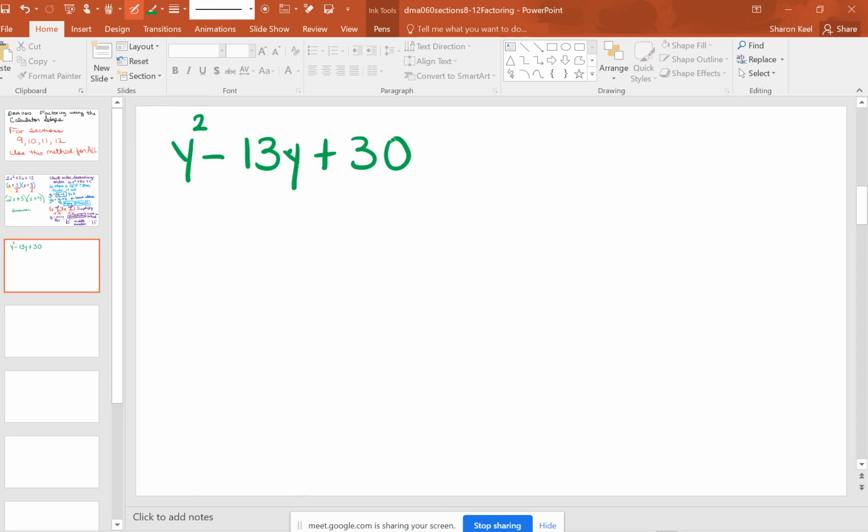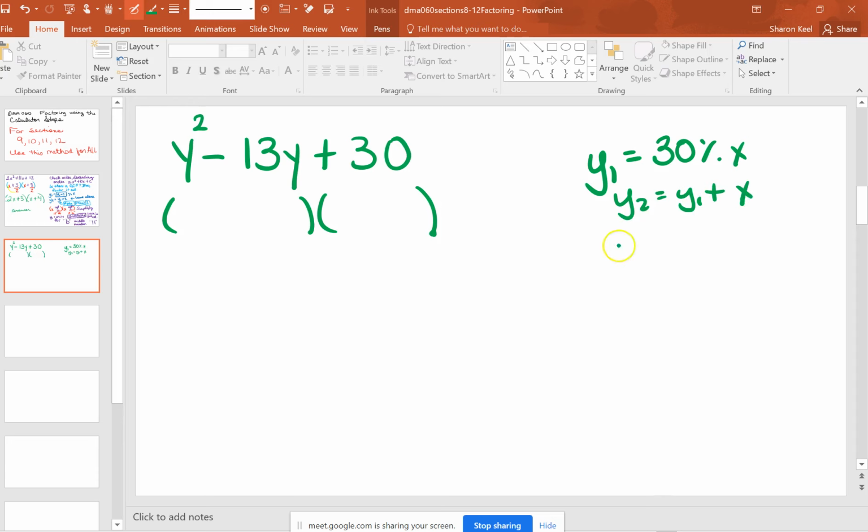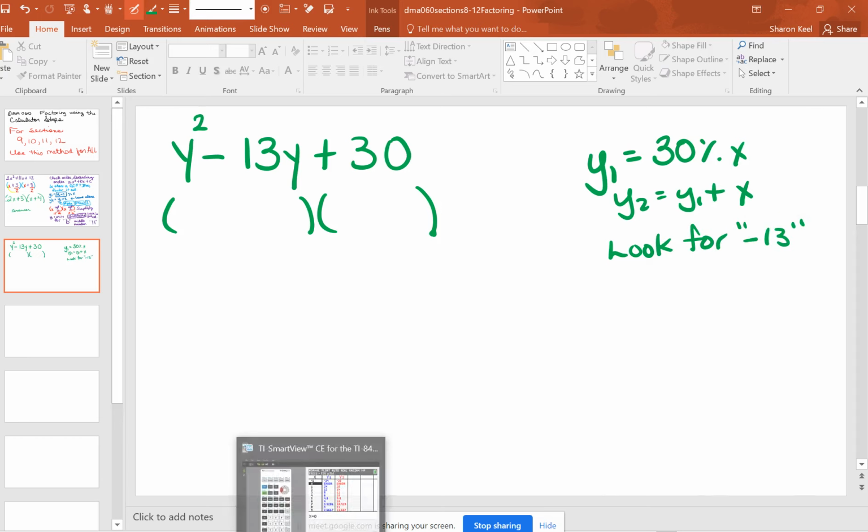If this is my equation, I'm going to factor it into 2 parentheses. There's not an understood value here. It's in the right order. There's no GCF. On y1, 1 times 30, we're going to do 30 divided by x. y2 stays the same. And when we do second table, we're going to look for a negative 13 in the third column.